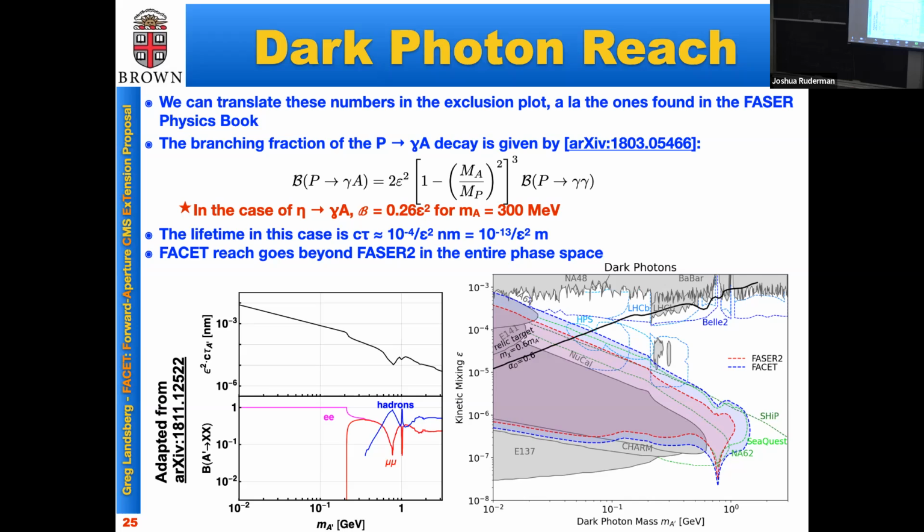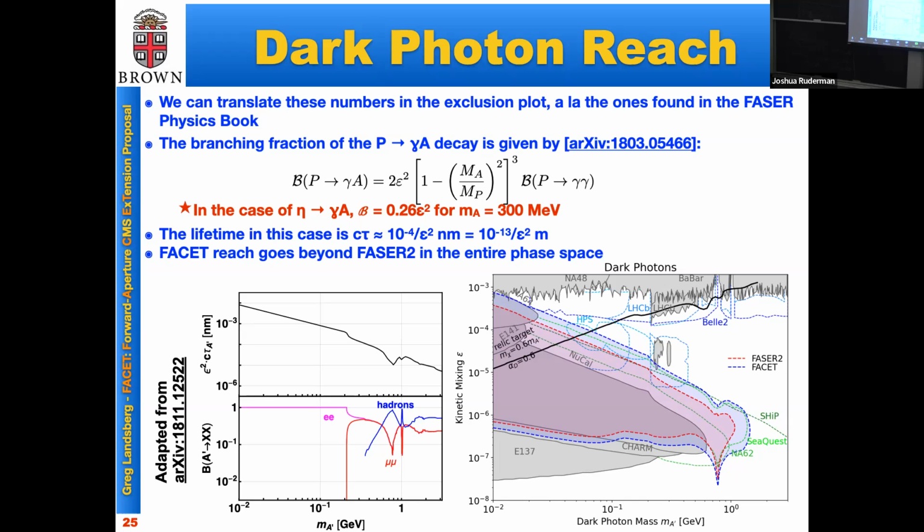So the things you want to look at are Phaser 2 in red and FACET in blue, and you see that we have nicer reach over the entire range of dark photon masses, with the caveat that it might be hard for us to go below 100 MeV from the background point of view, but this is anyway the case where the beam dump experiments have much better sensitivity, so we want to push it out to the higher masses, which is done by dark Bremsstrahlung, and here you see the low peak, so that sensitivity increases.